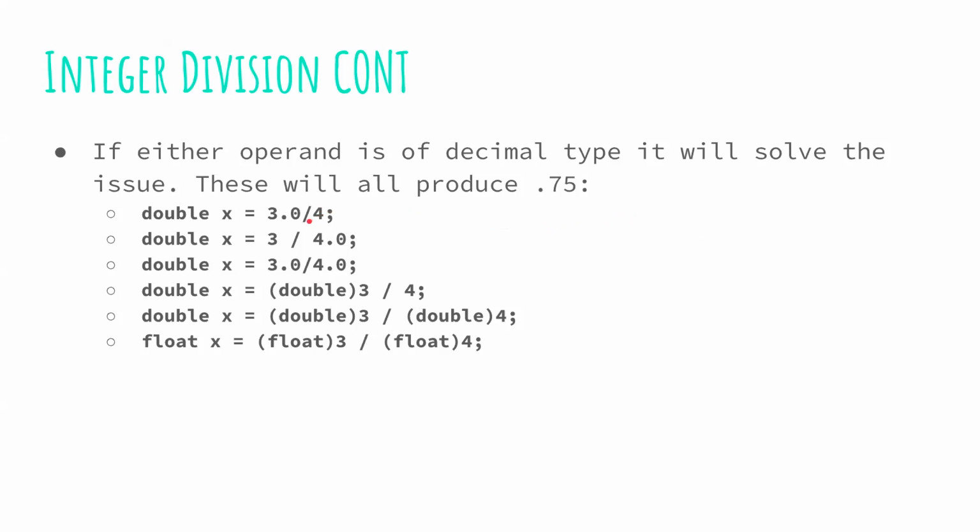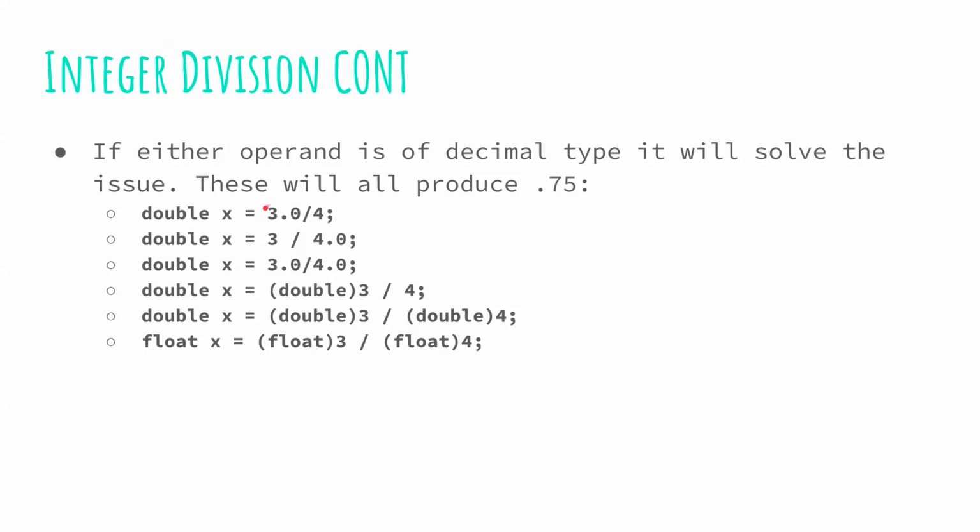So here we see the way we can trick Java into seeing these values as a decimal is by adding a decimal here. So 3 is the same thing as saying 3.0, but if we add the .0, then Java knows we're not referring to this as a whole number, but we're looking at this as a decimal number.